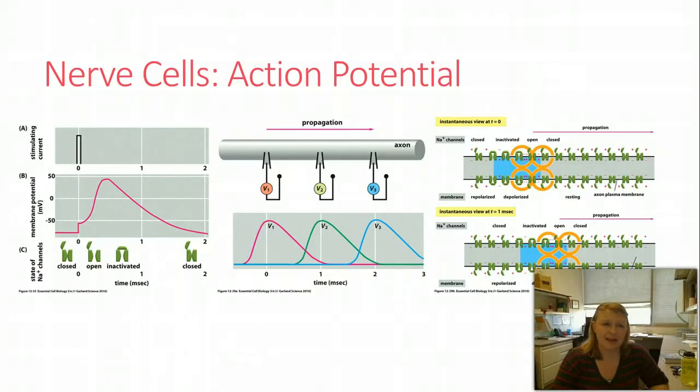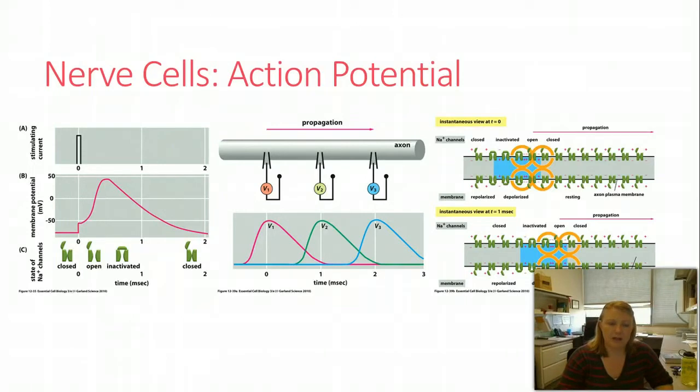We have this sodium channel, and it's closed. Then it becomes open, which changes the membrane potential of the cell. You can see that here on the far left, where the curve is starting to go up. As the curve goes up, eventually it's going to reach a place where the channel becomes inactivated. If the channel didn't become inactivated, there would be a massive influx of sodium into the cell, and it could cause all sorts of havoc.